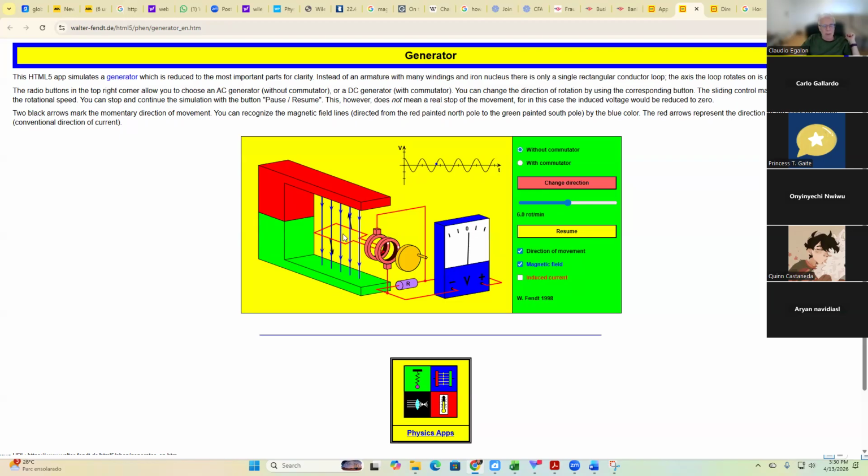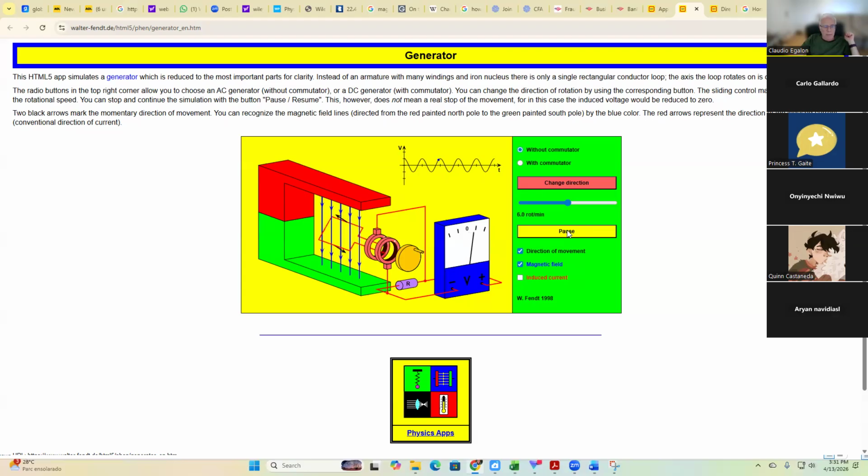So at this very moment, the magnetic flux is maximum. Because the magnetic flux is maximum, from here on the magnetic flux must decrease, right?